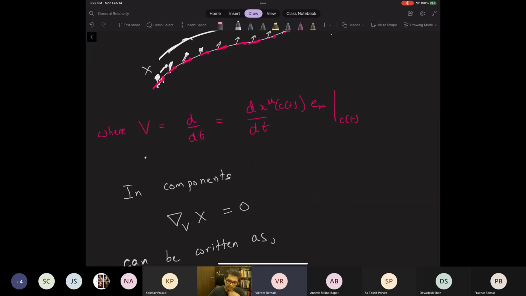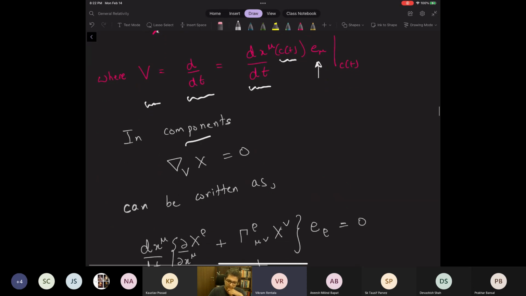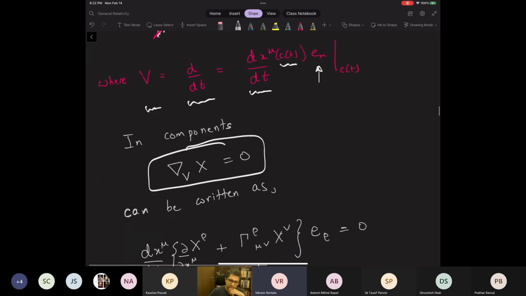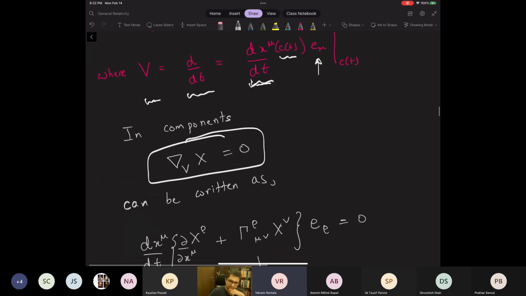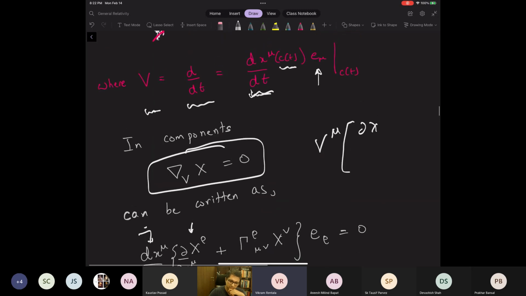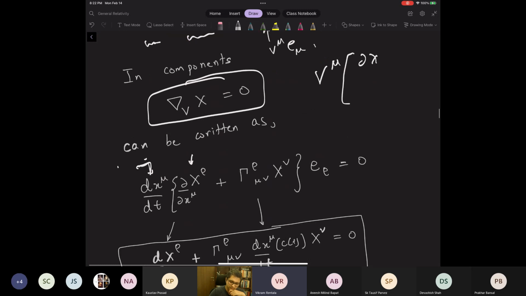Again, in components v is just d by dt, which I can write as dx^μ/dt acting on c(t), expanded in this basis of e_μ's. So in components we can now write out this equation in some coordinate basis. Remember we had v^μ times ∂_μ, so these are the coefficients v^μ.